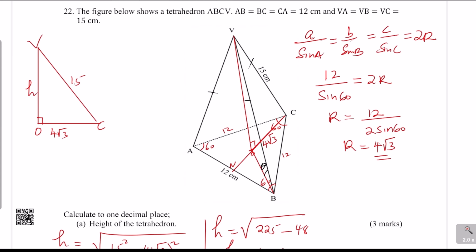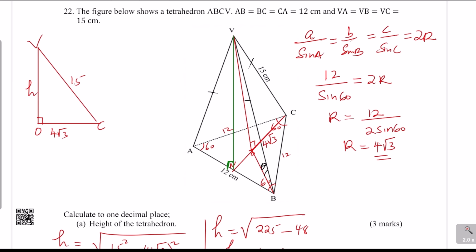When you're getting the angle between two planes, you consider this plane first, VAB, and then you draw a perpendicular from V to that other plane, like that. This one will meet that plane at 90 degrees.